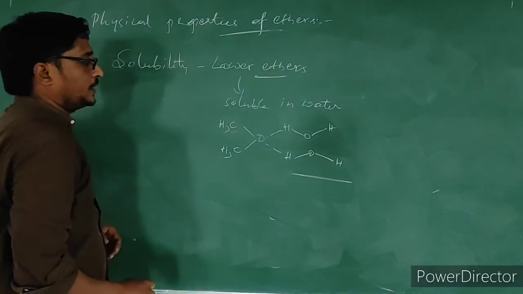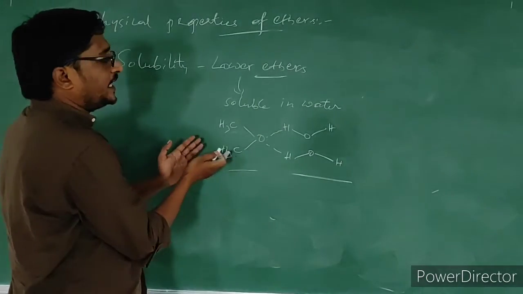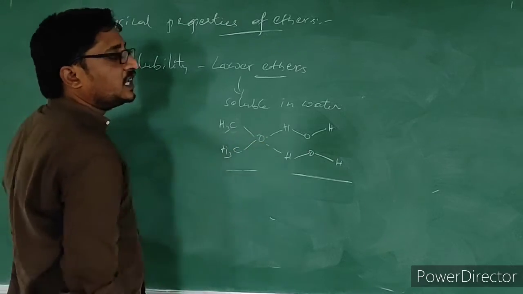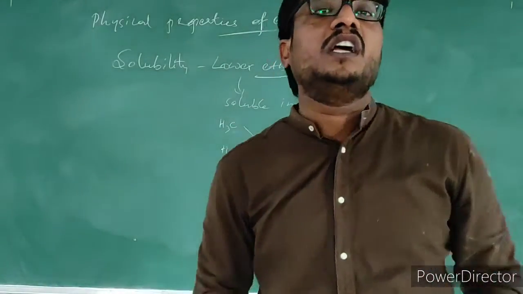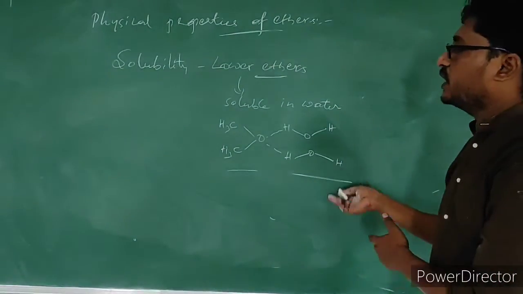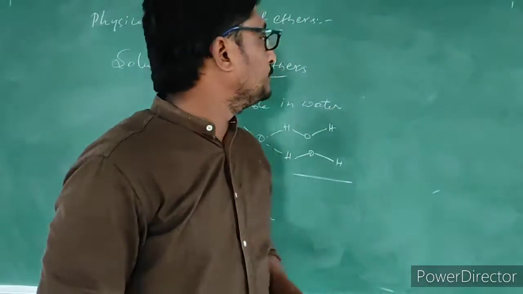These are the water molecules, and this is the ether. See how this lower ether is forming hydrogen bonds with the water molecules. Since they form hydrogen bonds with water, they are soluble in water. That is the reason.